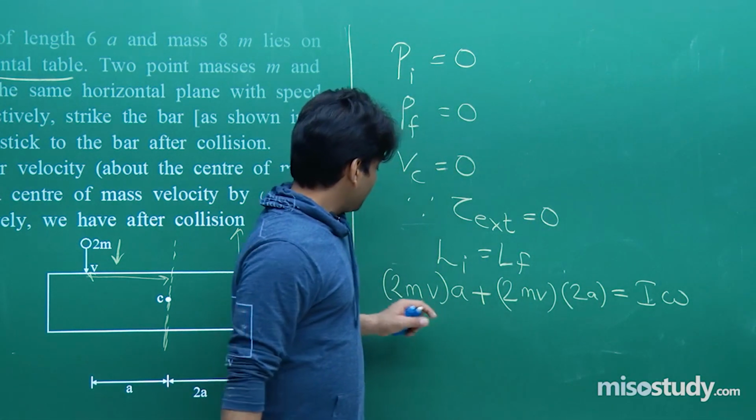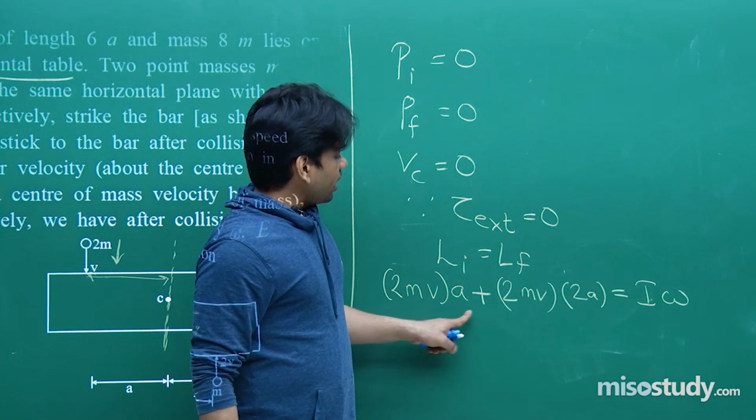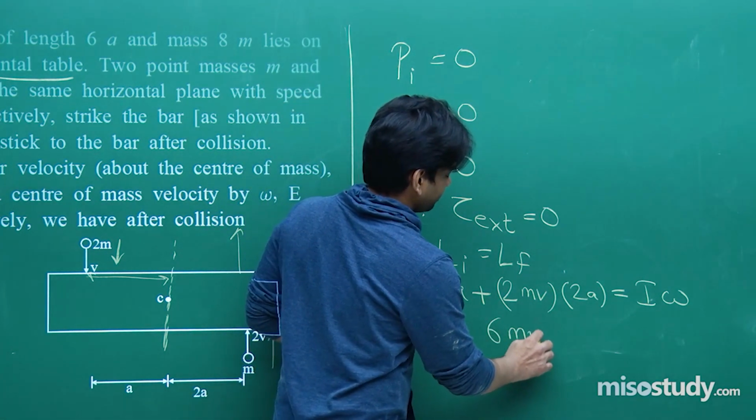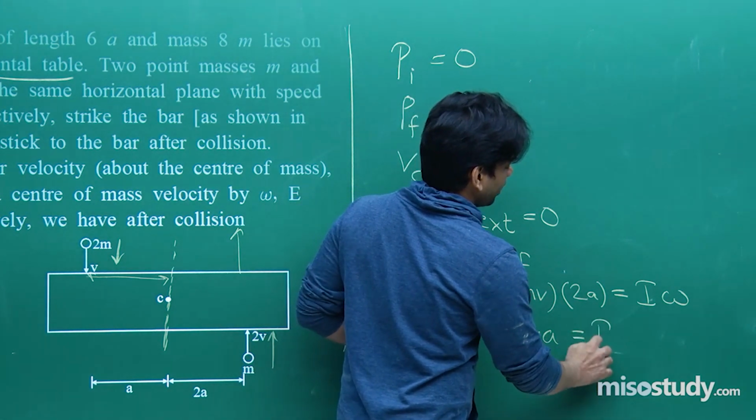So 2mva plus 4mva gives 6mva, equal to I omega.